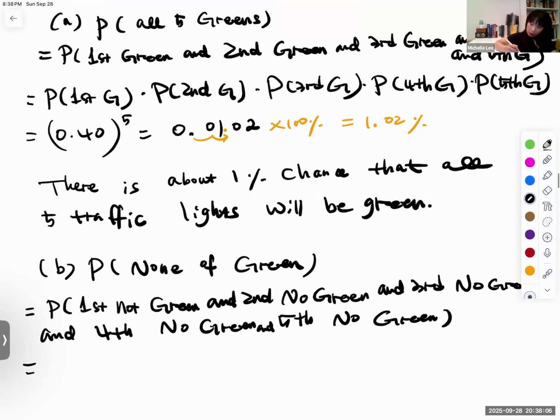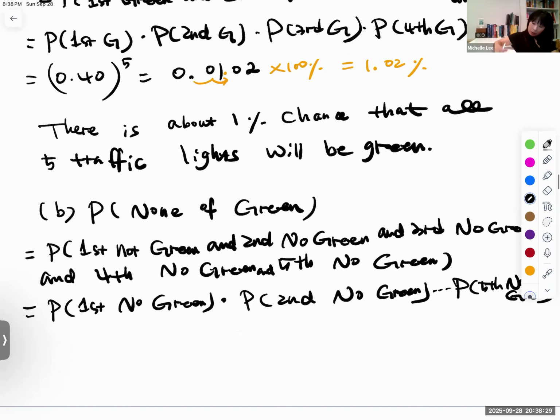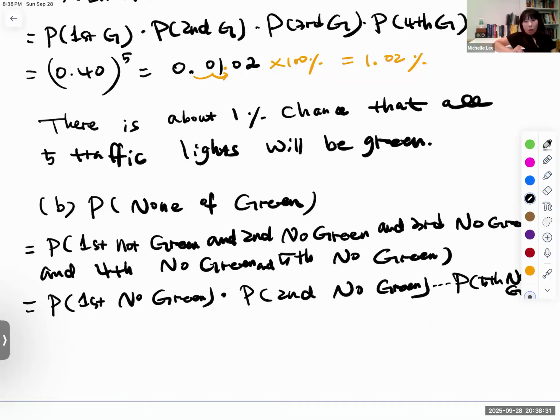Okay, so there will be first no green times second one no green until fifth no green, right? Okay, so what is the probability of no green?